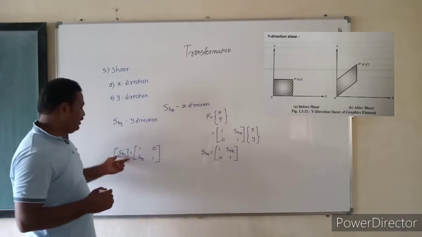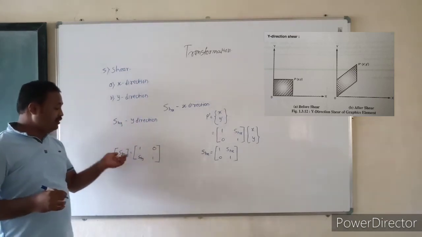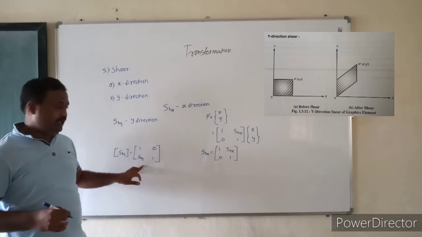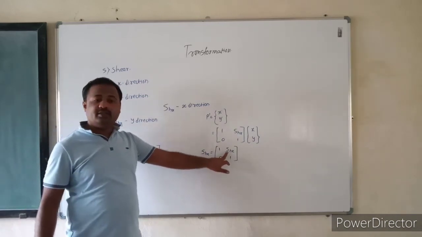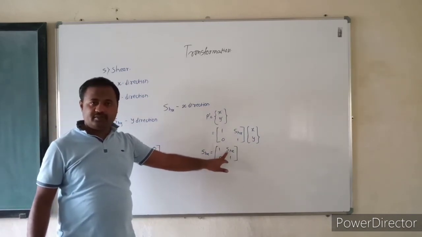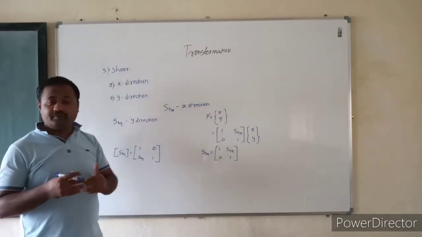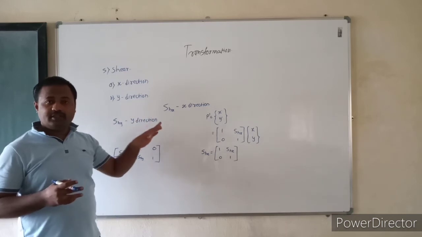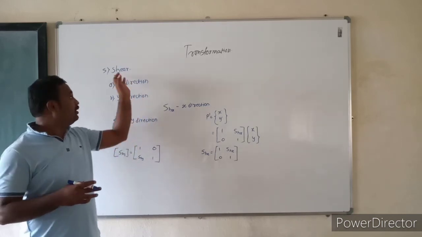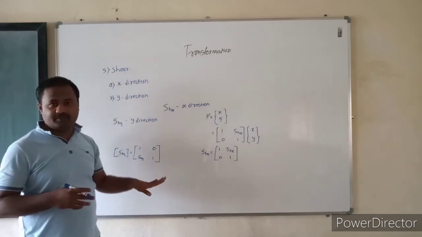It is a matrix for finding the new coordinates for shearing in Y direction. These are the 5 types of transformation, and we have to see the transformation matrices for all 5 types of transformation.